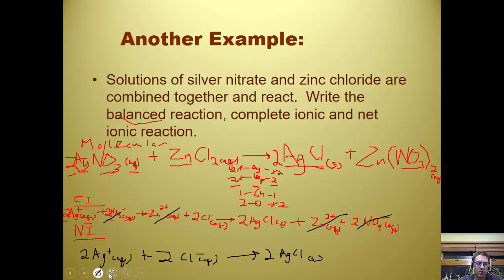Different states. And that is our net ionic equation. 2Ag plus aqueous plus 2Cl minus aqueous yields 2AgCl solid.